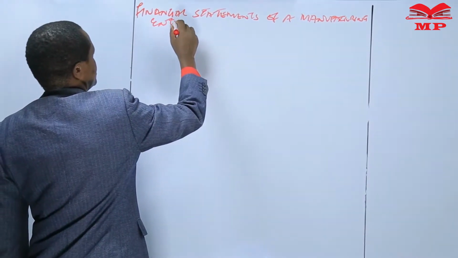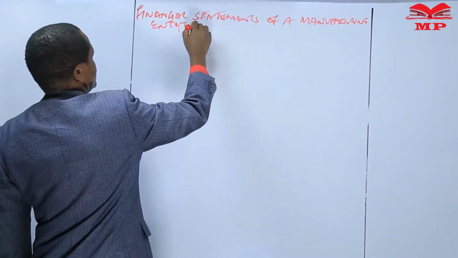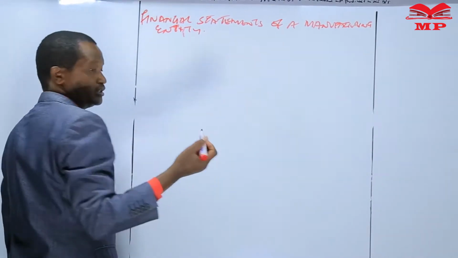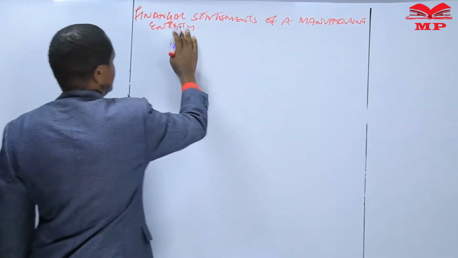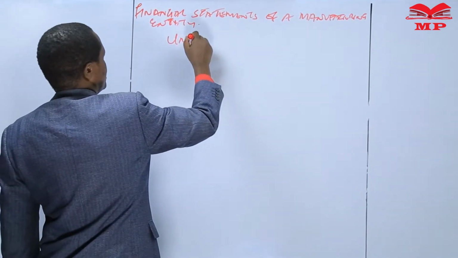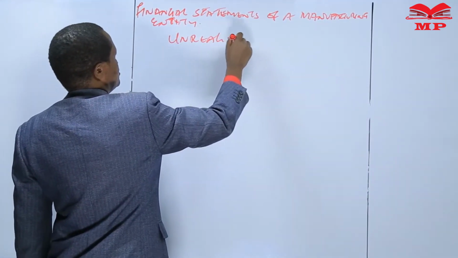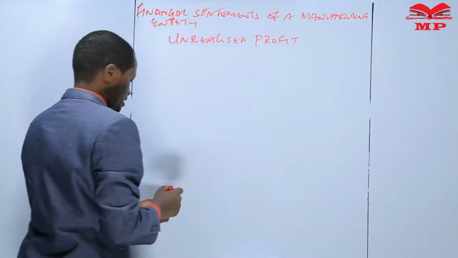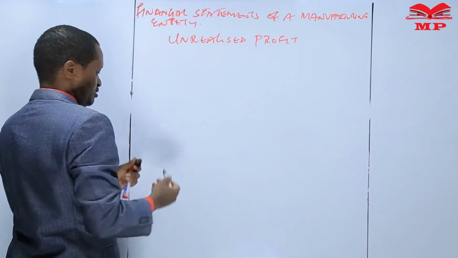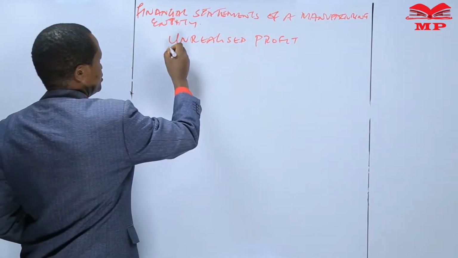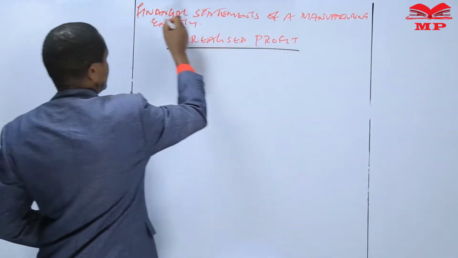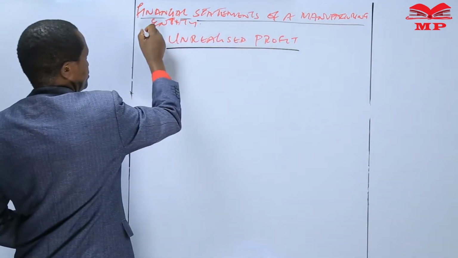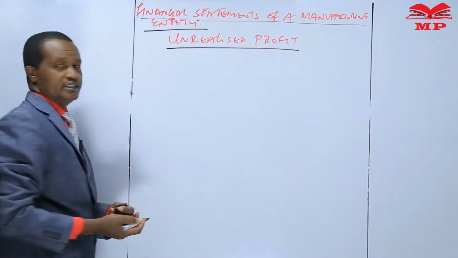And the subtopic is treatment of unrealized profit. How do you record unrealized profit in the books of a manufacturing entity?